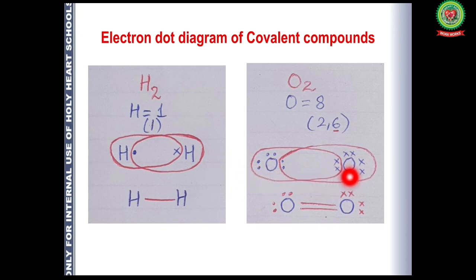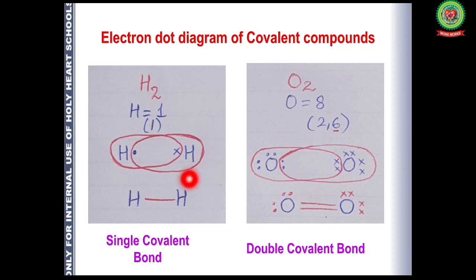Similarly, the other oxygen will also share 2 electrons of the first oxygen, and this gives rise to the oxygen molecule. 2 electrons were required by each oxygen. They have shared 2 pairs of electrons, and this gives rise to a double covalent bond. So the first example was a single covalent bond and the second example was a double covalent bond.